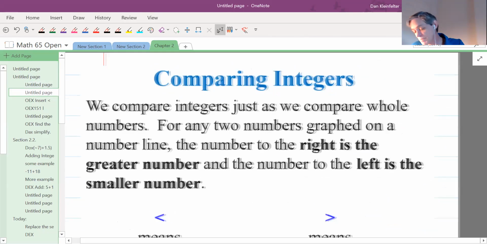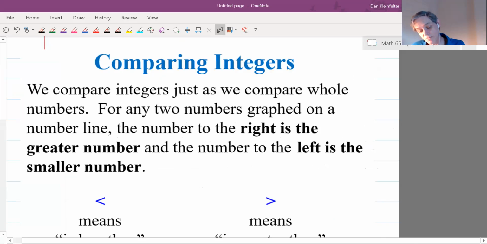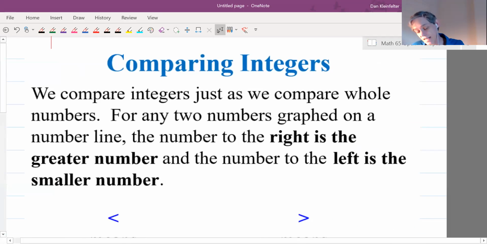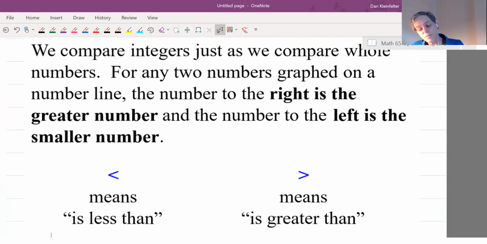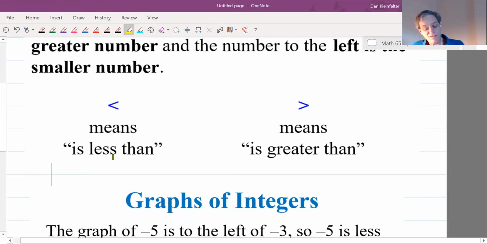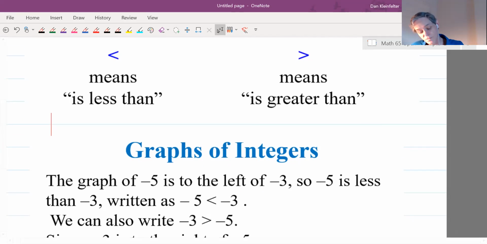Okay. We can compare integers just as we compare whole numbers using less than, greater than signs. For two numbers graphed on a number line, the number to the right is the bigger number, and the number to the left is the smaller number. So we have less than, we have greater than, just as we did before.